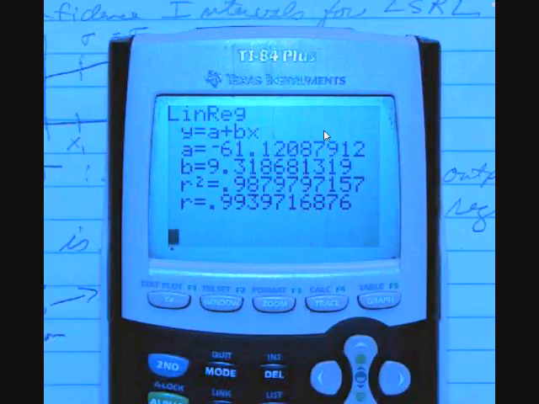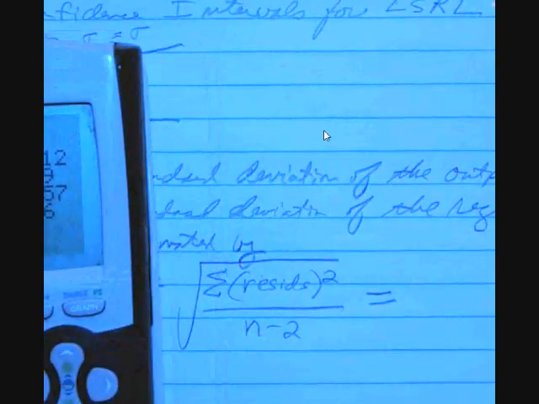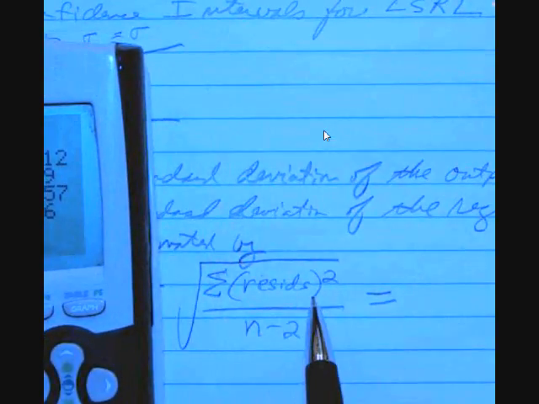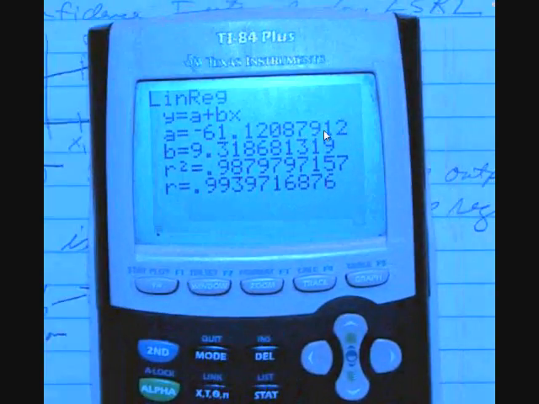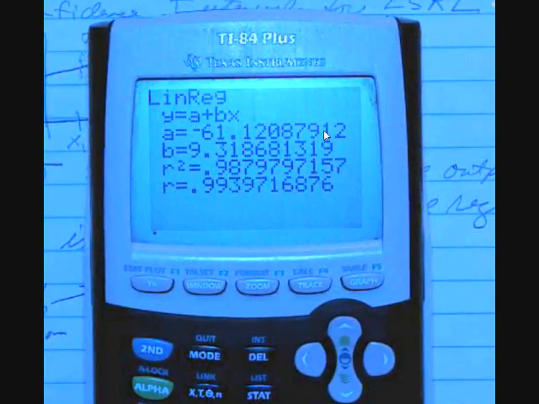Now that I've run my linear regression, my residual list is the residuals for this regression line. So now I want to get the sum of the residuals squared. I think I can do this in one fell swoop on my calculator.